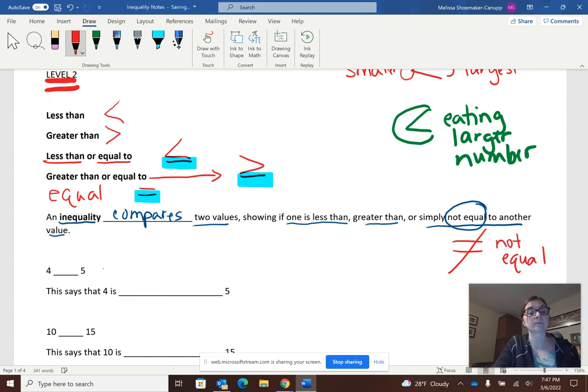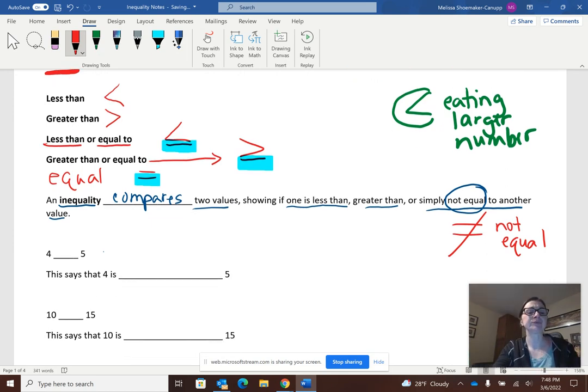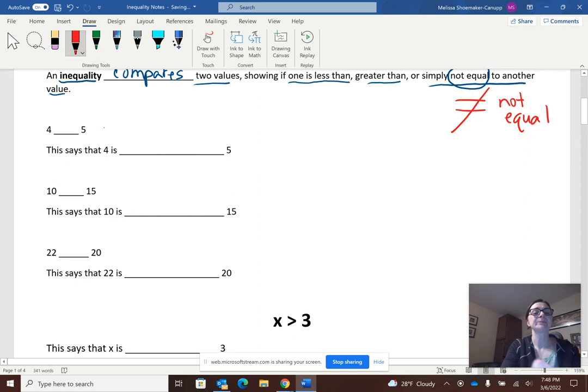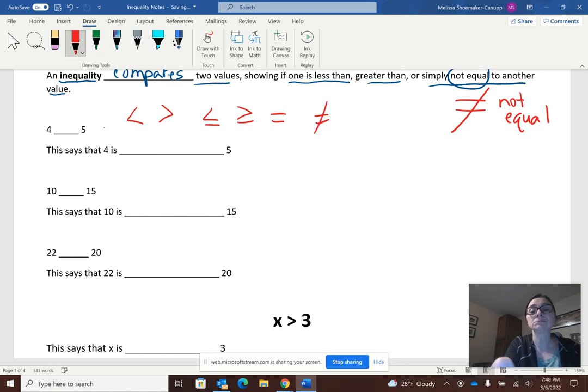Okay. So let's practice with this, just to refresh our memories. If I have 4 something 5, remember, I'm going to think about less than, greater than, less than or equal, greater than or equal, equal, or not equal. Well, we know they're not equal, but how would we compare? We would think about these numbers on a number line.